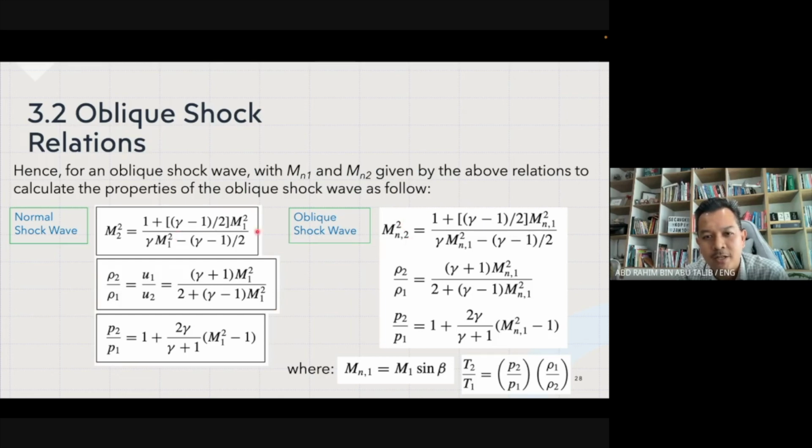So you can see the comparison between the expressions, similarly for the density ratio and the pressure ratio. We know already that Mn1 equals M1 sine beta, and the temperature ratio can also be expressed from the pressure and the density ratio.